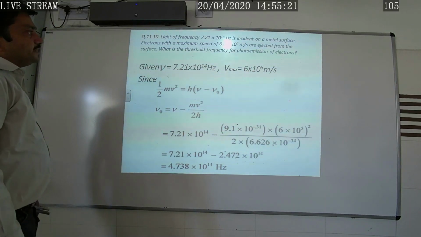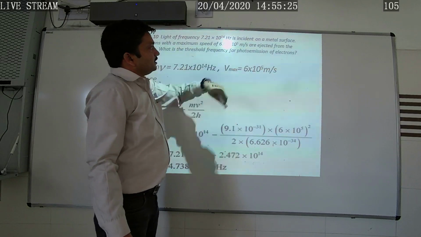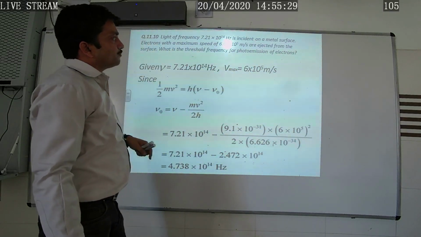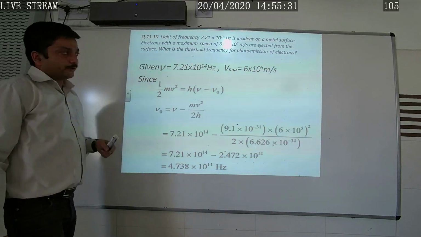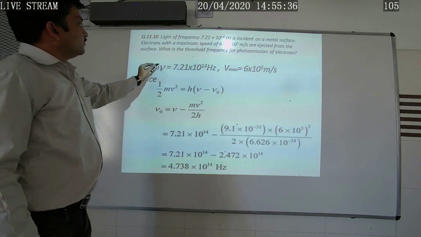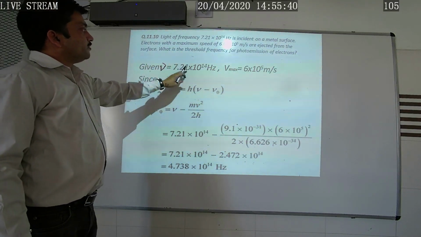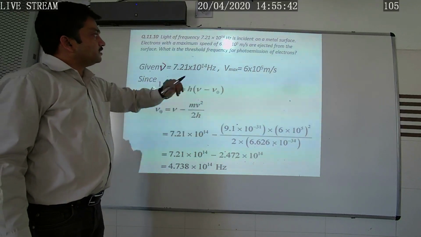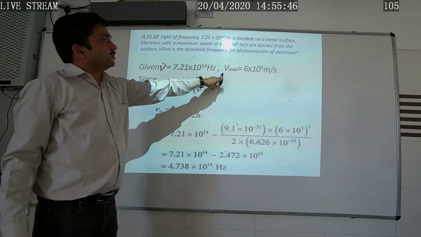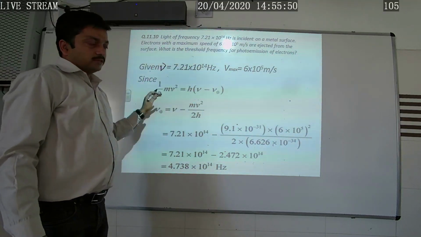Electrons with a maximum speed of 6 into 10 to the power 5 meter per second are ejected from the surface. What is the threshold frequency for photon emission of the electrons? Mind that the frequency nu is 7.21 into 10 to the power 14 Hertz, and the maximum speed v_max is also given. We want to calculate the threshold frequency.